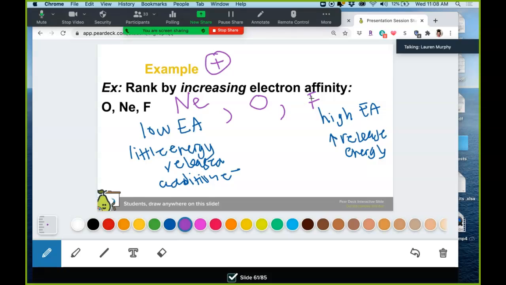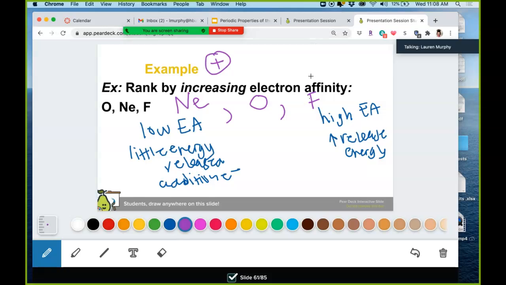Meaning fluorine takes in an electron the easiest. Easiest addition of an electron. And this is the hardest addition of an electron.